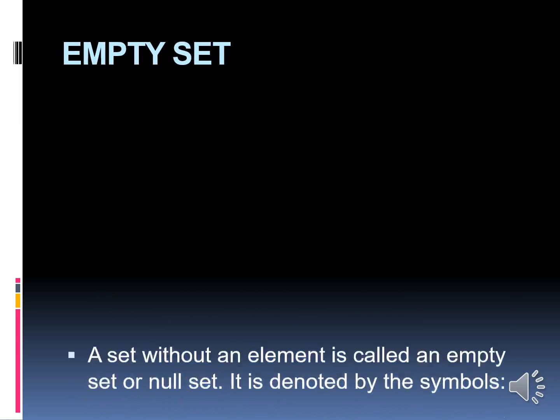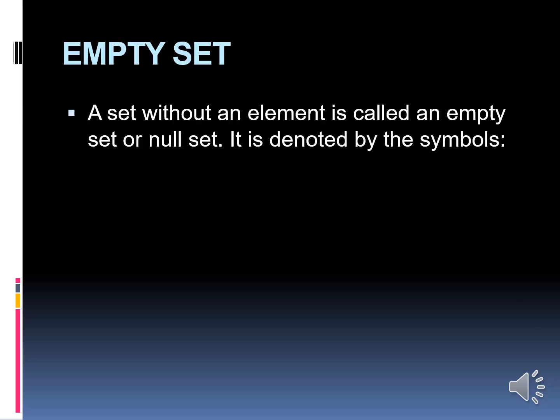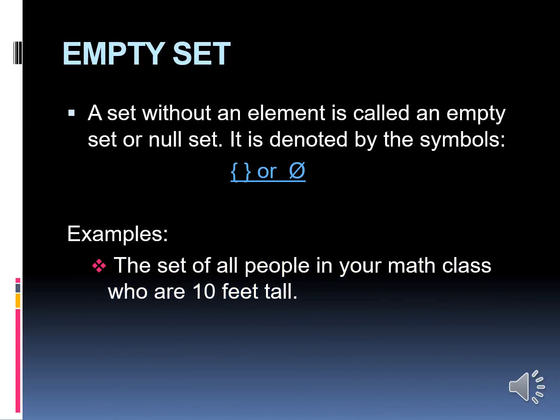Another type of set is the empty set. A set without an element is called an empty set or null set, and it is denoted by these symbols. For example, the set of all people in your math class who are 10 feet tall.